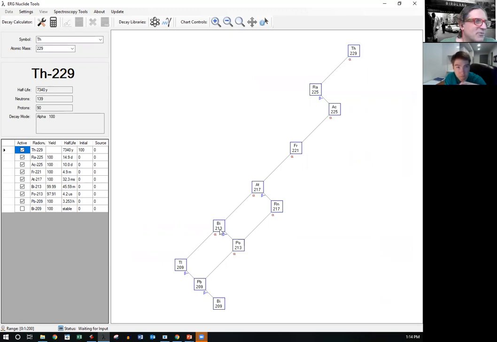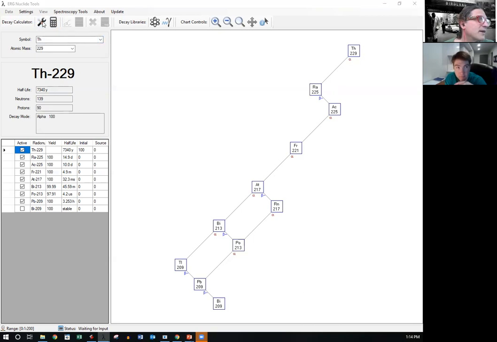This one has a larger branch. So when we talk about reaching equilibrium, the activity of these isotopes won't be the same as this activity because it branches. The sum would be the same, but since it goes to a point and splits, they'll be a little bit different.